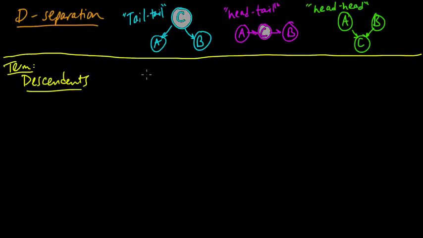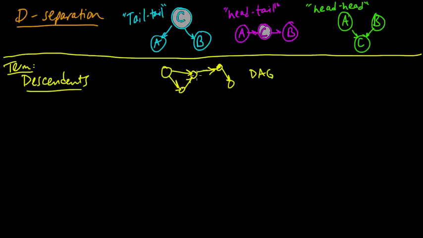The descendants of a vertex in a graph are just all those vertices that can be reached. So if I have some graph like this, and this is descendants in a directed graph, usually in a DAG, a directed acyclic graph, we think about the descendants.